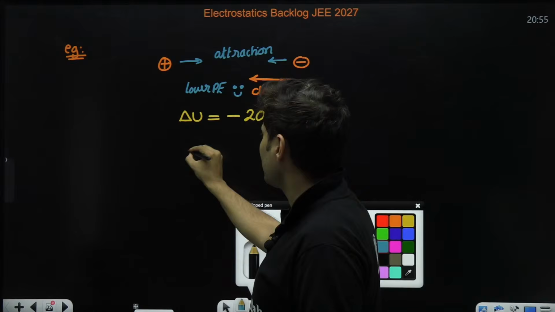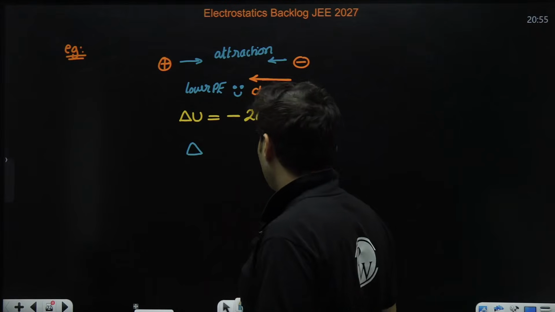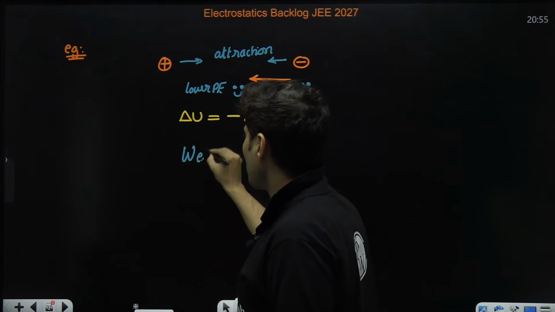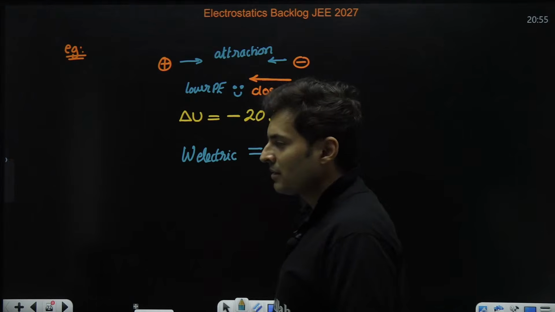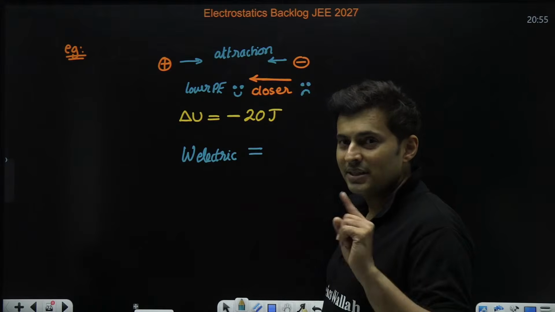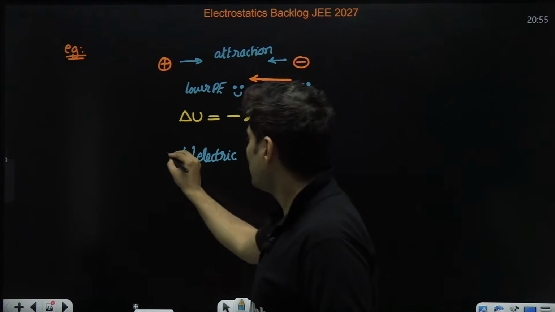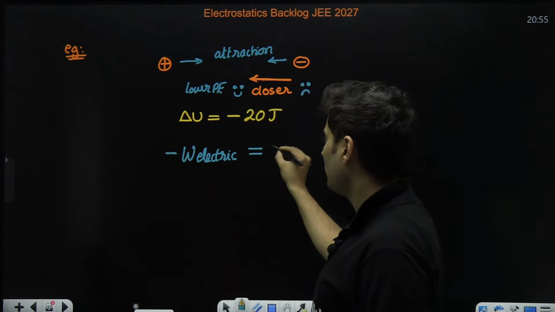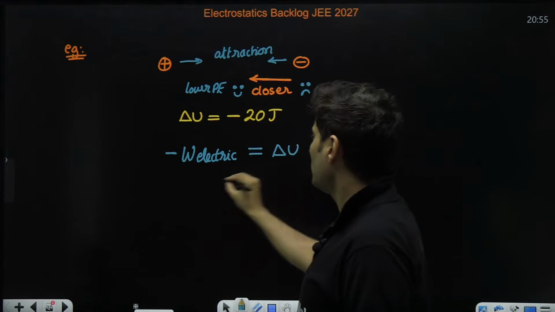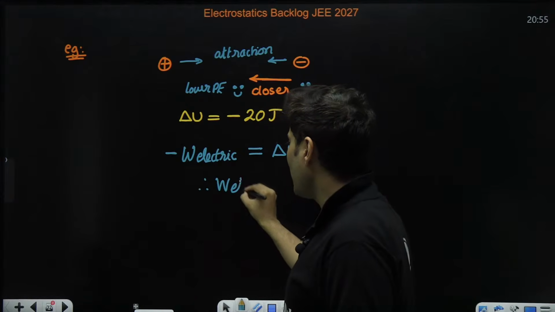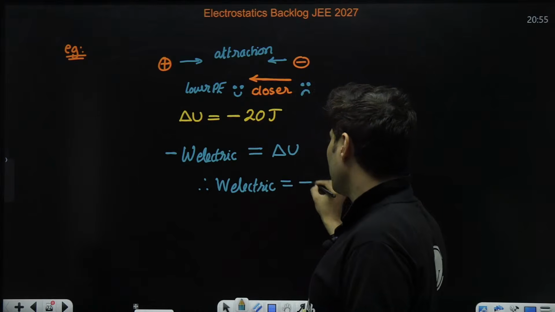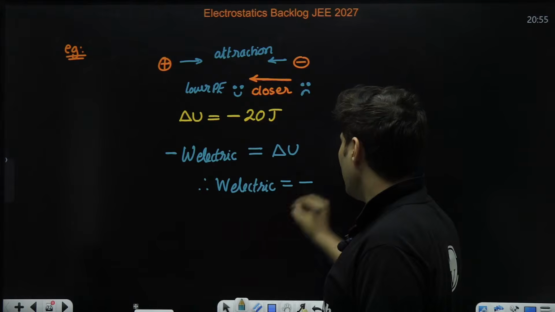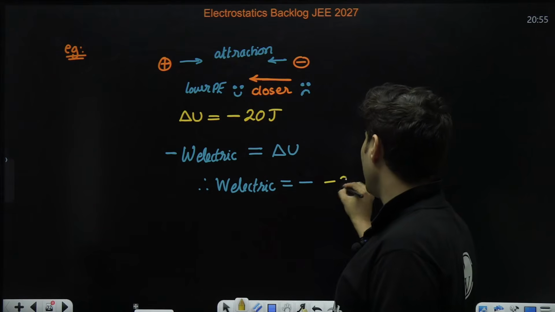Now can you guess what will be work done by electric force? Think about it. Electric force is a conservative force, and we all know negative of the conservative work is always going to be delta U. So therefore the work done by electric force will be negative of delta U. Delta U itself is minus 20.